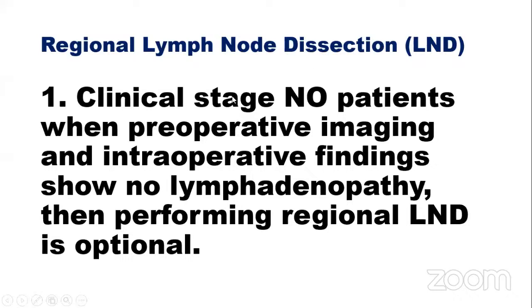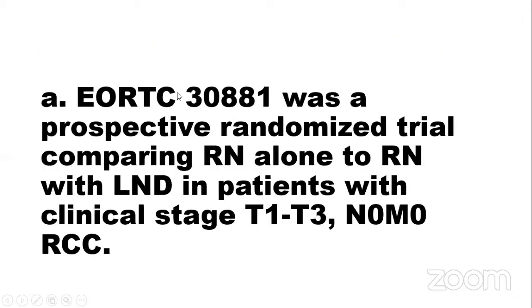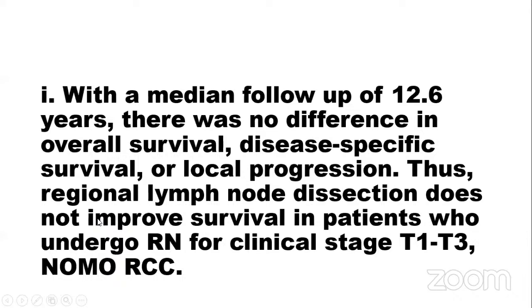Regional lymph node dissection. In clinical stage N0 patients with preoperative imaging and intraoperative findings showing no lymph nodes or lymphadenopathy, performing a regional lymph node dissection is optional. The EORTC trial was a prospective randomized trial comparing radical nephrectomy to radical nephrectomy with lymph node dissection in patients with clinical stage T1 to T3, N0 M0 RCC.